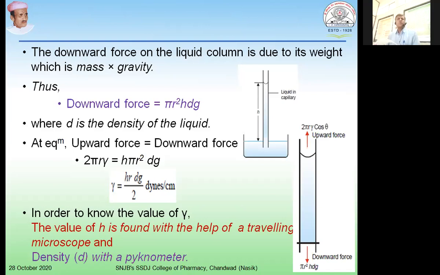So we get the downward force equal to pi r square h d g. Pi r square is the surface area of the capillary through which the liquid is rising up. h is the height up to which the liquid column has risen above the liquid surface. d is the density.